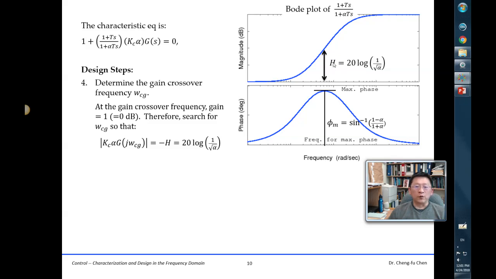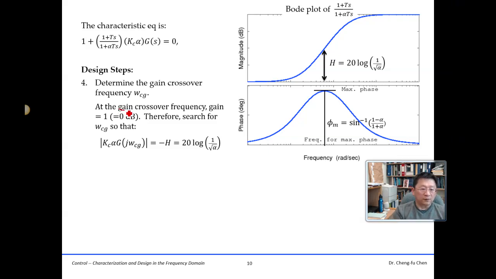Once you have h calculated, you go over the Bode plots of the gain adjusted function. You are looking for the frequency that we call the gain crossover frequency, at which the magnitude of the gain adjusted G(s) is negative, sorry, here is negative, equal to this one.